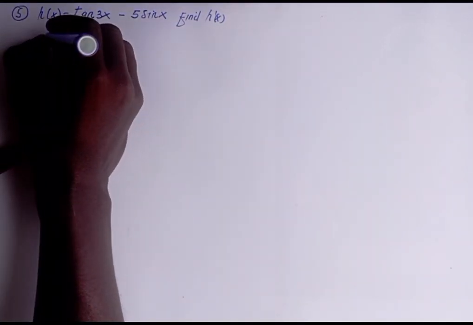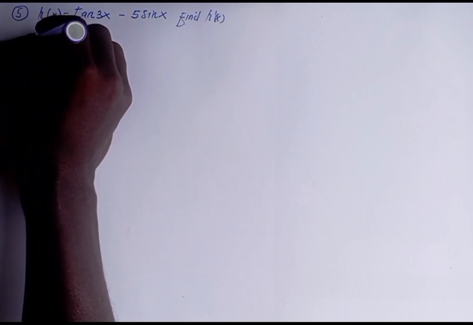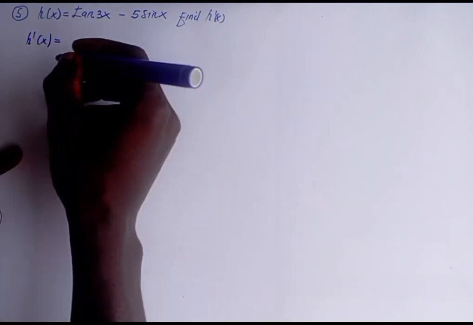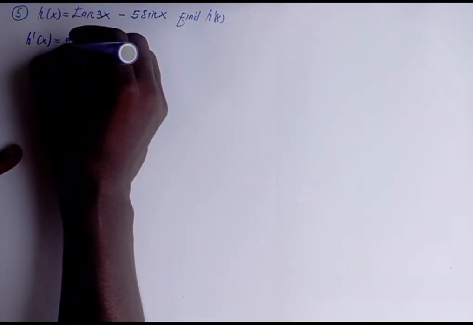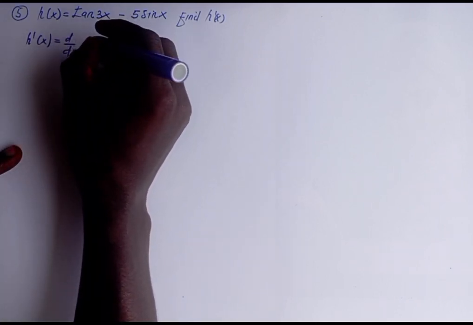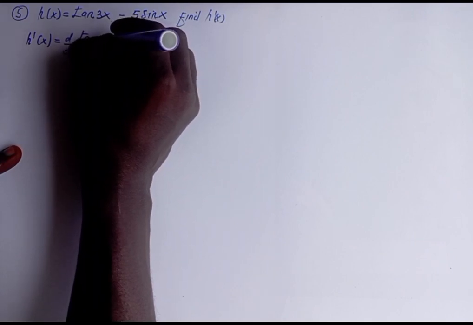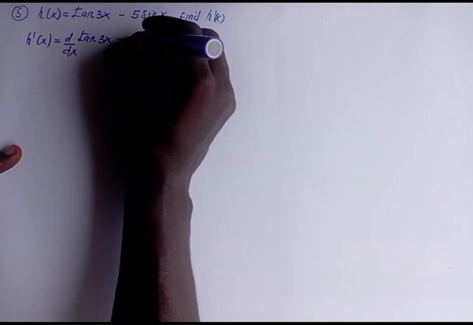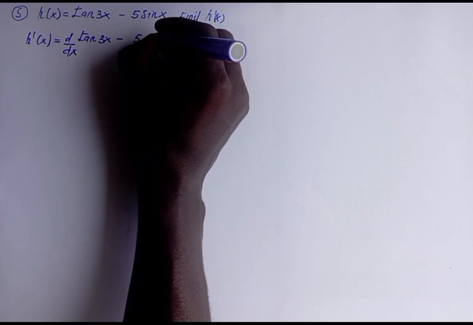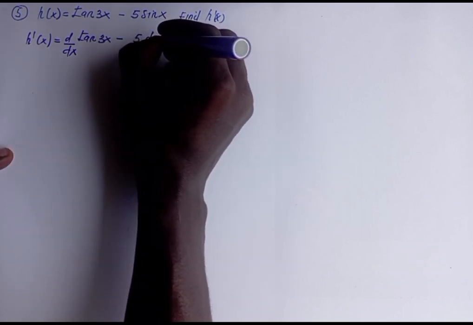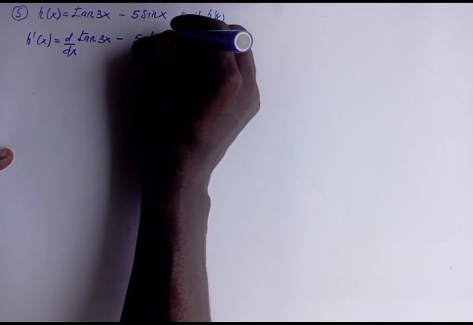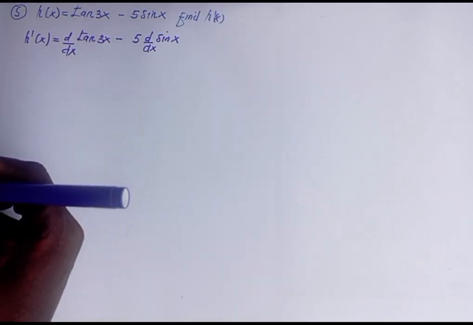So we can say that our derivative h prime of x, we differentiate each of these functions term-wise. So we have the derivative of tan 3x, and then we have 5, which is a constant, so we can just factor it out, and then we take the derivative of sine of the angle x. Good.